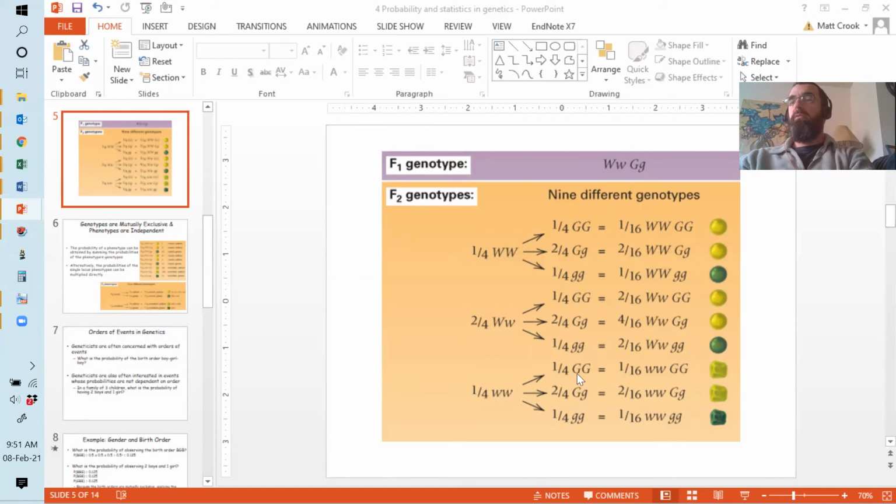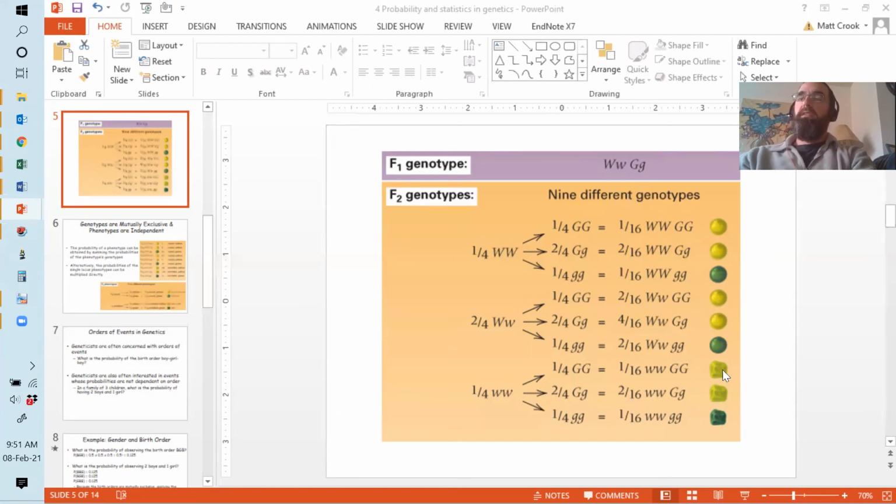So the probability of that is 1/16 because it's a quarter times a quarter. The probability of this, which is exclusive, right? You can't be both, is a quarter times a half, right? Which is 1/8 essentially, or 2/16.